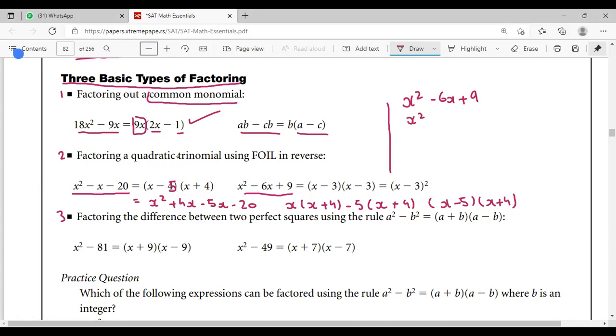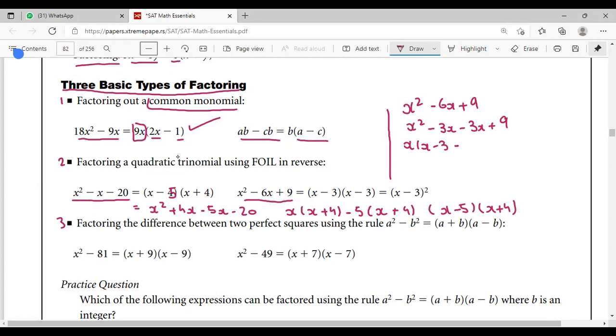So the two numbers are minus 3x and minus 3x. So here we end up getting x minus 3 and x minus 3. So we can always write it down as x minus 3 squared. Okay.